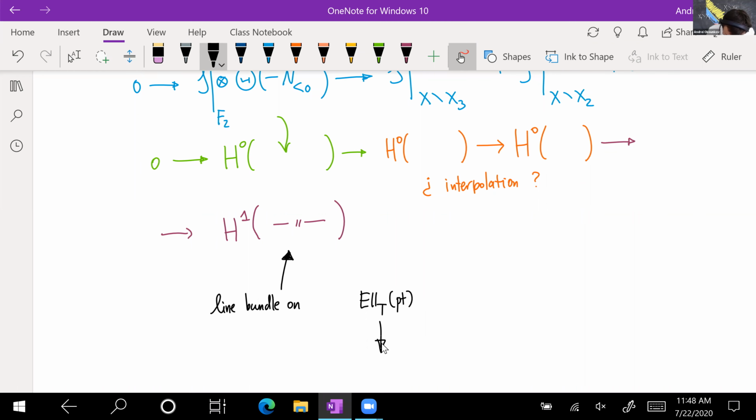This maps to the elliptic homology of A. This is where that variable h bar lives.